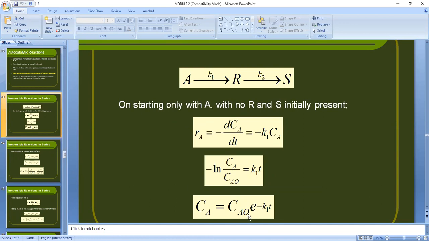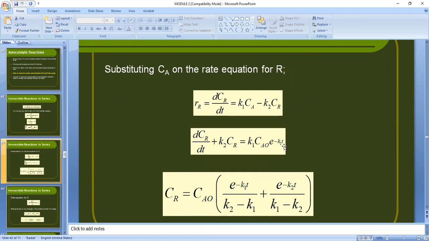Express it in terms of C sub A0, because its only variable there is time. C sub A0 and K sub 1 are constants. So you do that here, and this is already a linear DE.